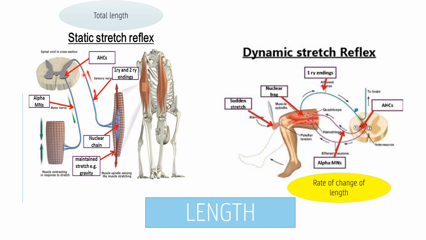It may be the rate of change of length, that is the dynamic length, or it may be the total length. The dynamic stretch reflex is a short lasting reflex, whereas the static stretch reflex is a weak reflex, but it is a prolonged contractile response and it maintains a constant muscle length. The static stretch reflex is responsible for maintaining muscle tone.